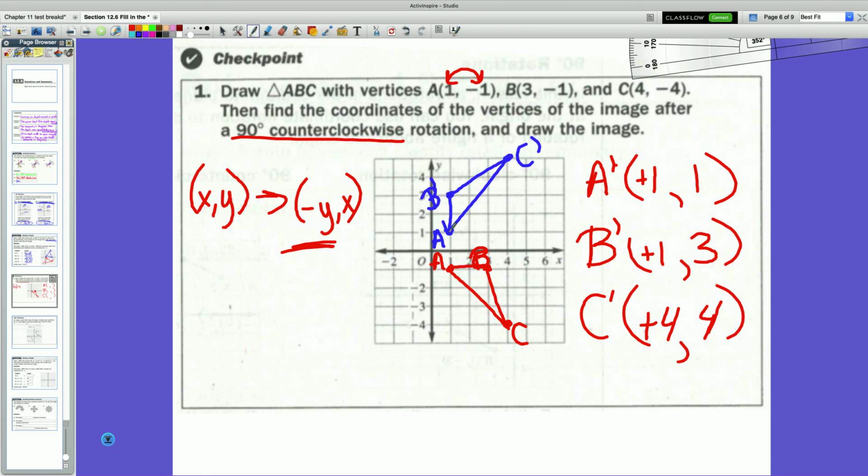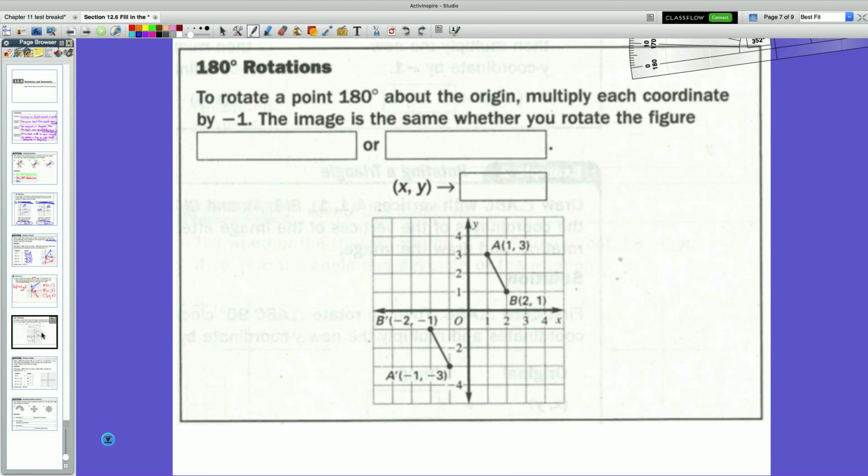Okay? All right. We do have one more rule here for our rotations. To rotate a point 180 degrees about the origin, you multiply each coordinate by negative 1. So the image is the same, whether you rotate the figure clockwise or counterclockwise, right?